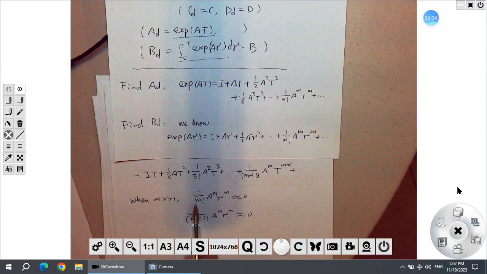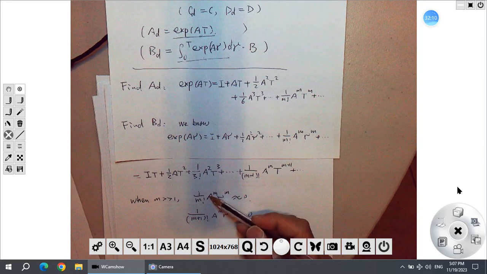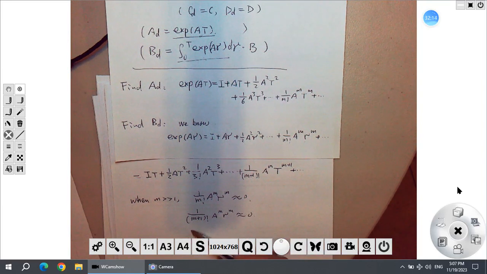But the denominator is multiplied by m or m plus 1, which is increasing.